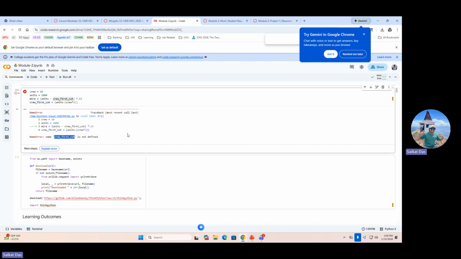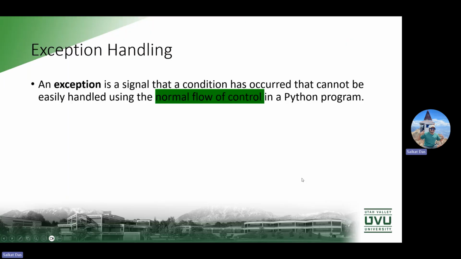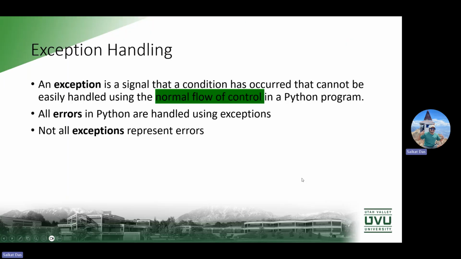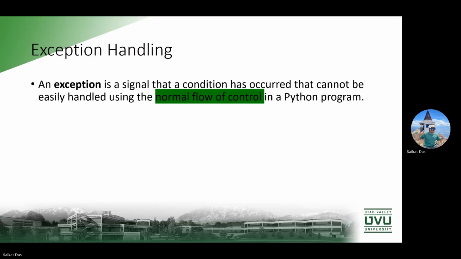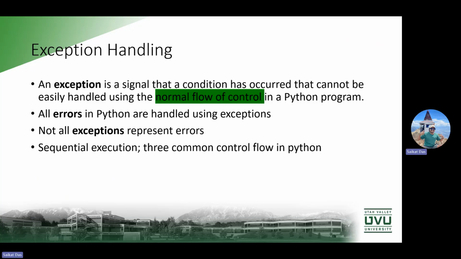But for this project, it matters. So the normal flow of operation is line by line. Sequential execution, the normal flow of control in Python, is the sequential execution.